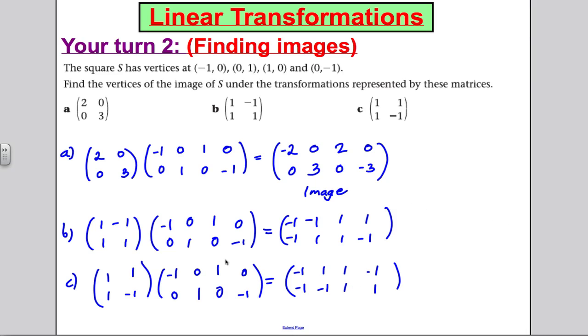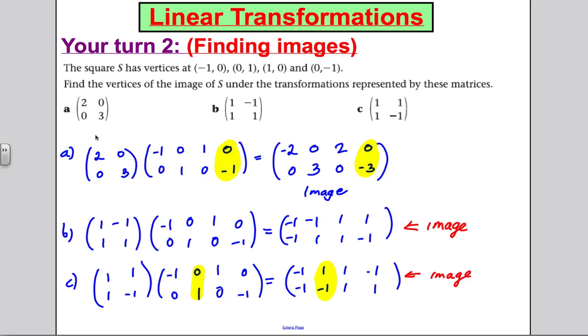So they're the images. So for example, if someone asked you where did the point 0, 1 go to, well, the point 0, 1 went to 1, -1. And if up here they ask you where did the point 0, -1 go to, well, it went to the point 0, -3. And as before, that is called our image, and this here again is our image.